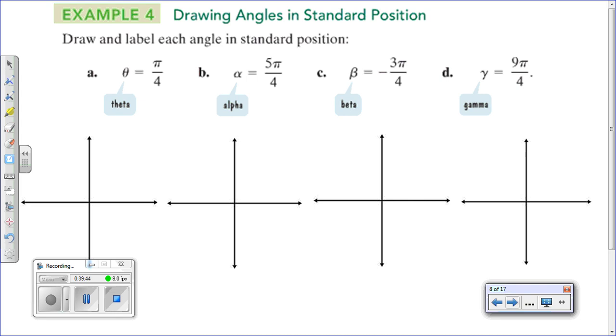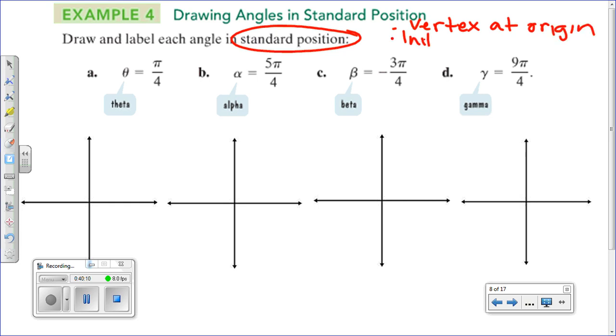Okay, now let's position those angles on the Cartesian plane here. So, do you guys remember what standard position means? The vertex is at the origin, and the initial side is on the positive x-axis. Okay, very good. So vertex at origin, write it down.